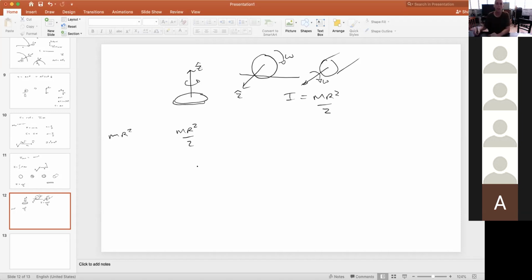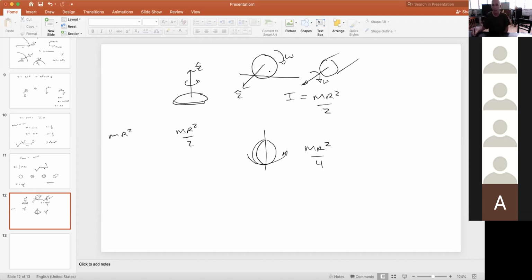However, I could take a coin and put it on its edge, and spin it around its edge. So basically I spin it upright. I don't have a coin with me, but if I could spin it upright, this is actually mr squared over 4. The reason is that the mass is distributed closer to the axis.